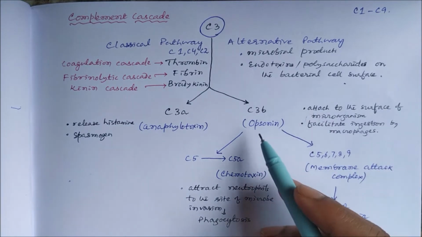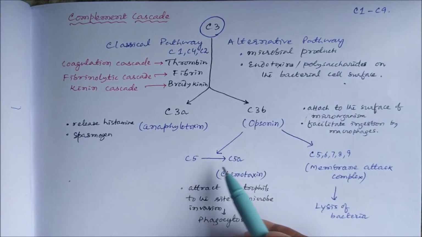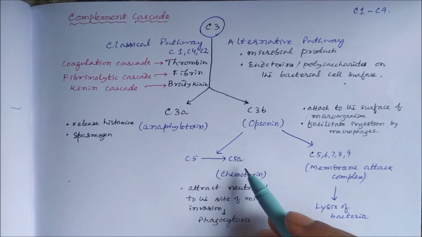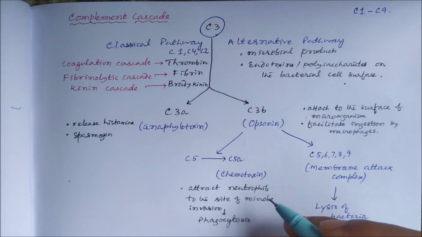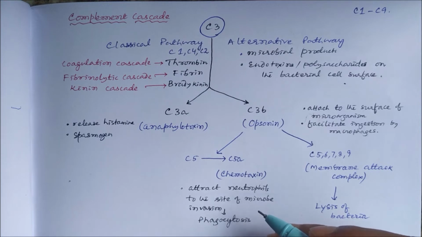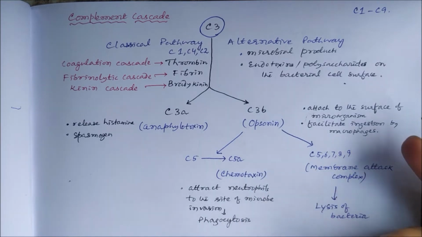Then C3b converts C5 to C5a, and C5a is a potent chemotactic factor. We call it a chemotaxin. That means it attracts the phagocytes, the neutrophils, to the site of microbe invasion, and due to increased vascular permeability, these neutrophils easily penetrate those areas, and those neutrophils then cause the phagocytosis of the microorganism.